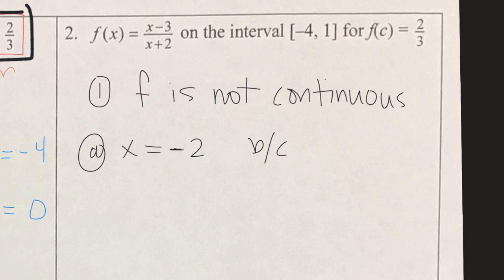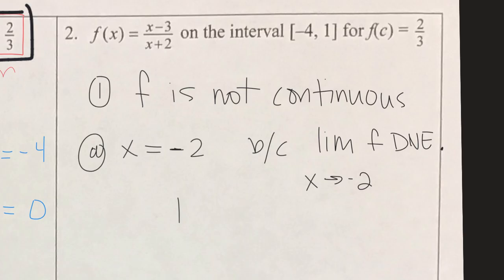I guess let's not talk about the graph. We don't have a graph. Because what does not exist at -2? The limit. The limit does not exist at -2. Okay, and if the limit doesn't exist somewhere, that means your function is not continuous. Like we had a second ago, at -2 we have an asymptote, and it went up on the left side and down on the right.